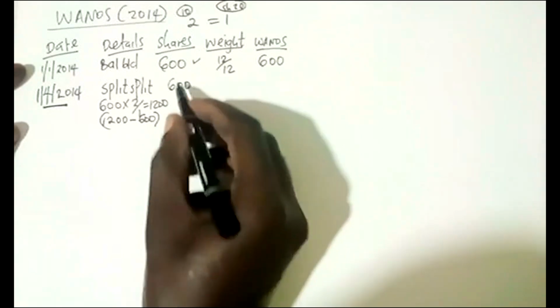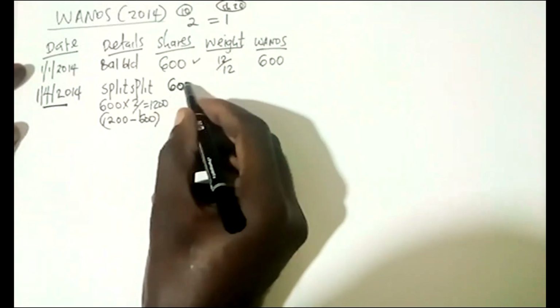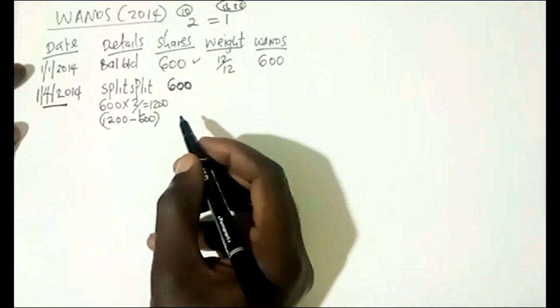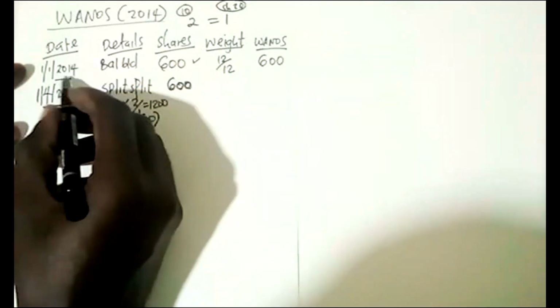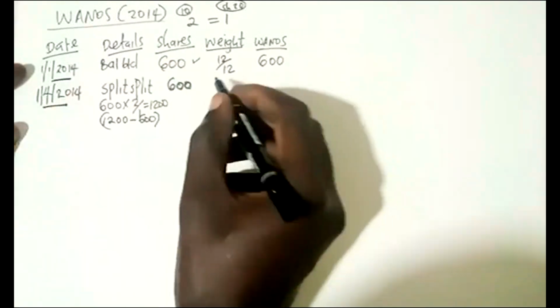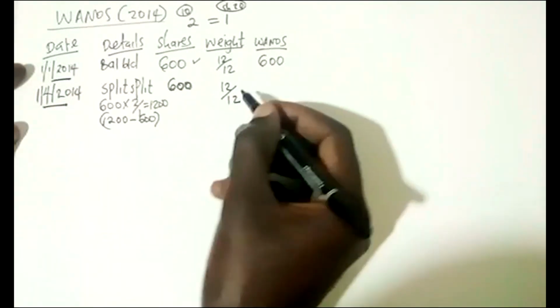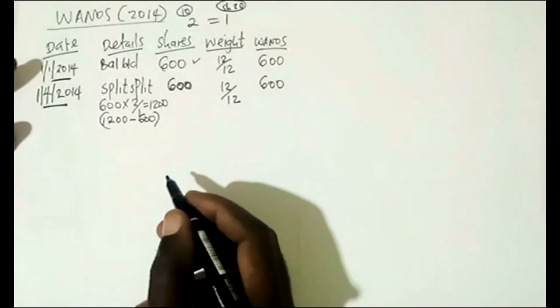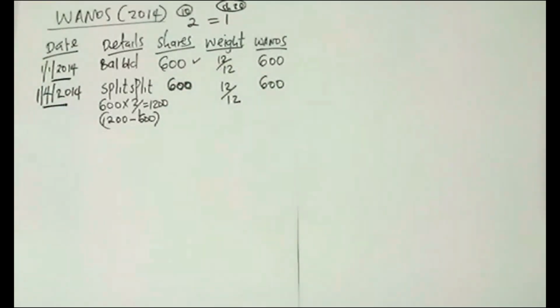You weigh these shares which you have split from the initial period when they were incorporated in the capital structure, which is January. So that is why I would say 12 over 12. So here we have 600.